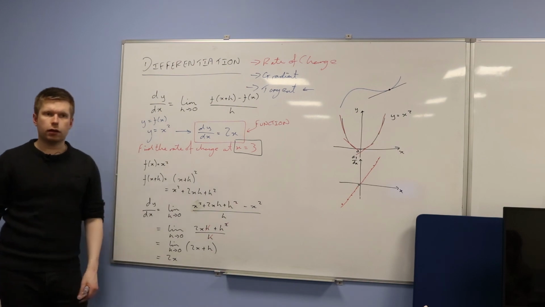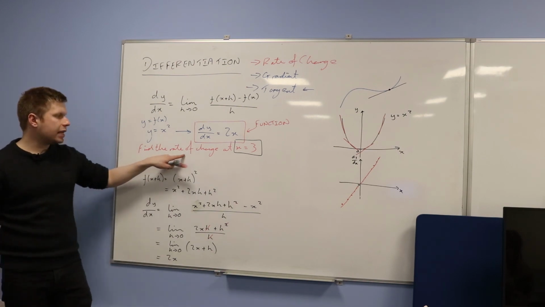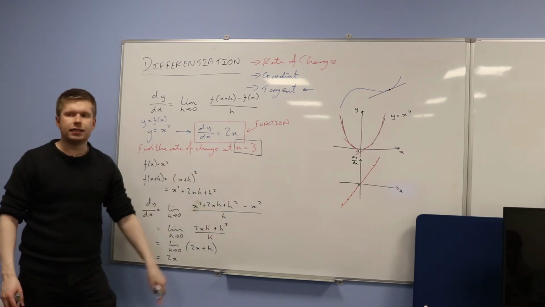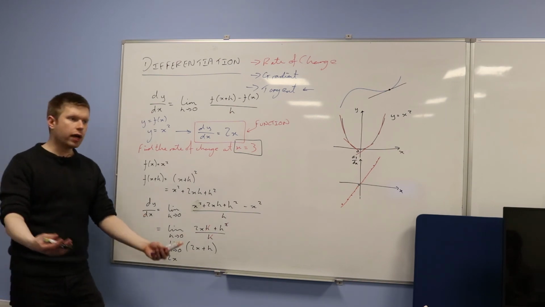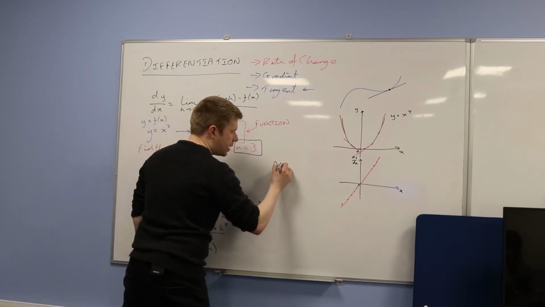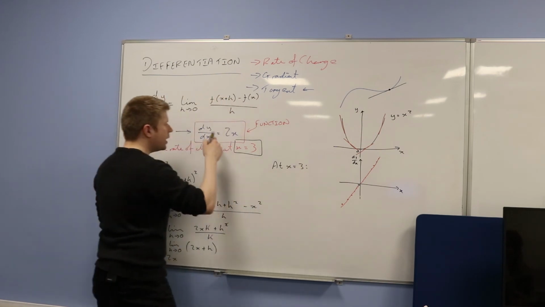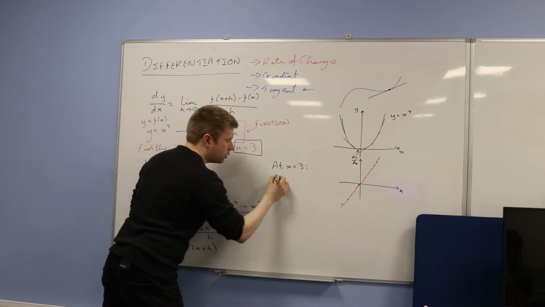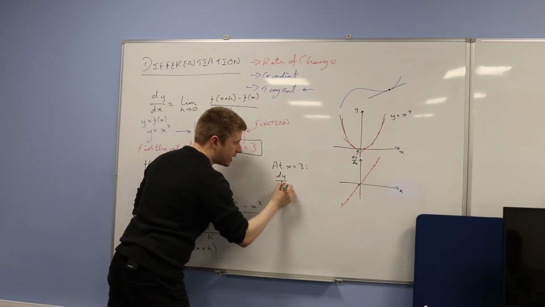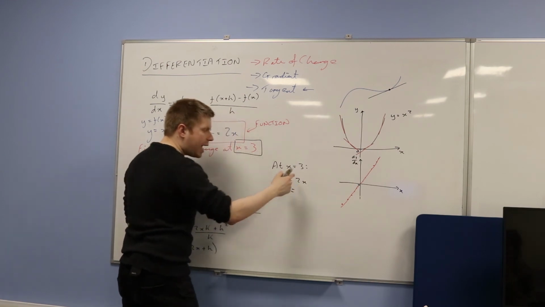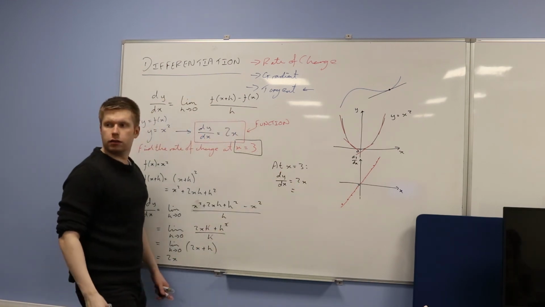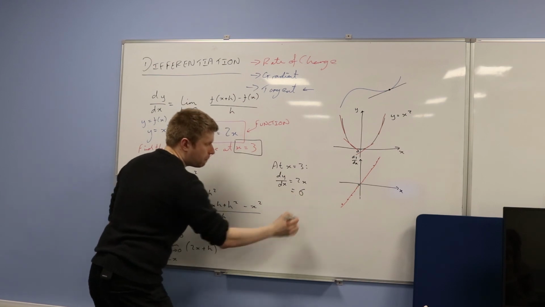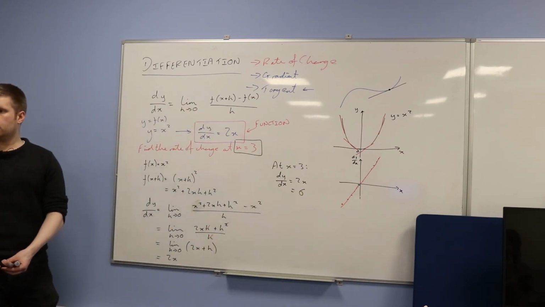They've told me they want the rate of change, the value of the gradient, at x equals 3. So all I need to do is stick x equals 3 into my gradient function. So if I know dy by dx is 2x, then at x equals 3, what's the value of my gradient? Absolutely. Does that make sense to everyone?